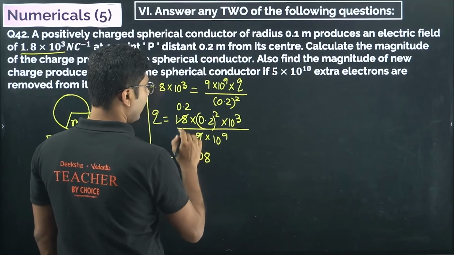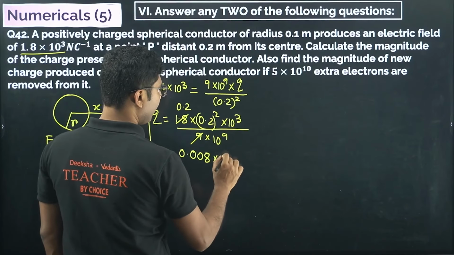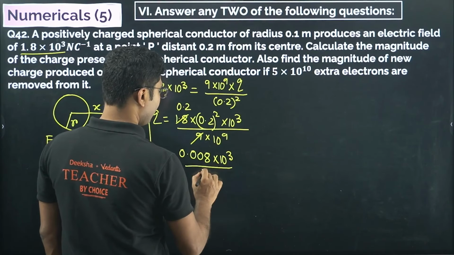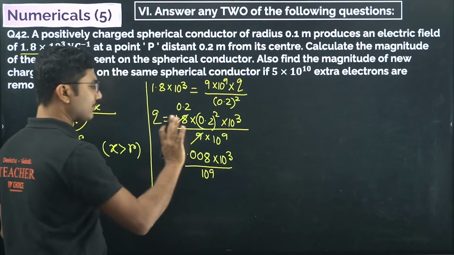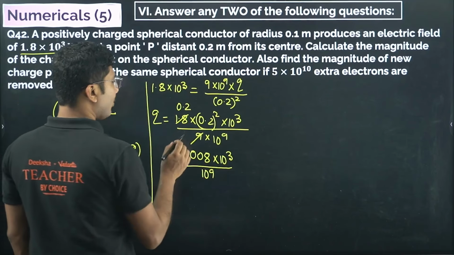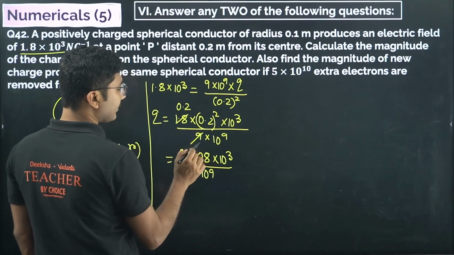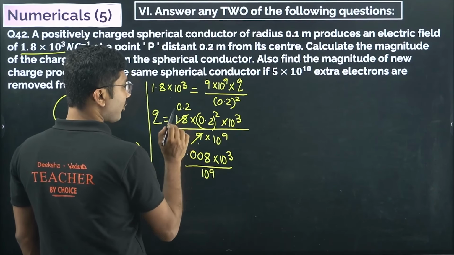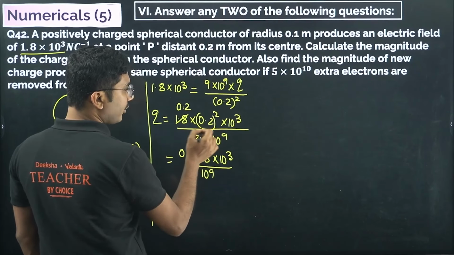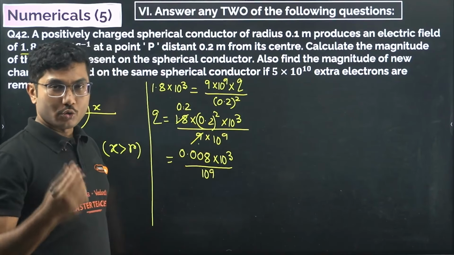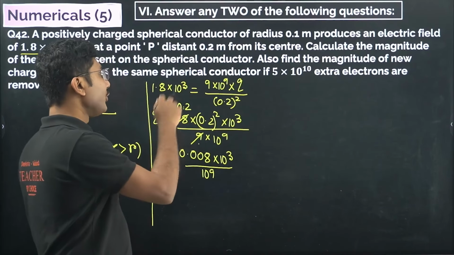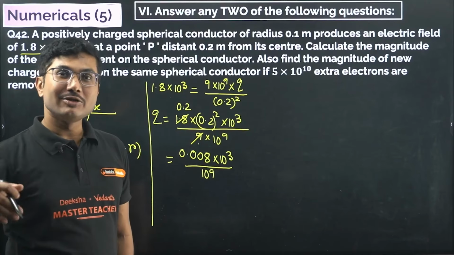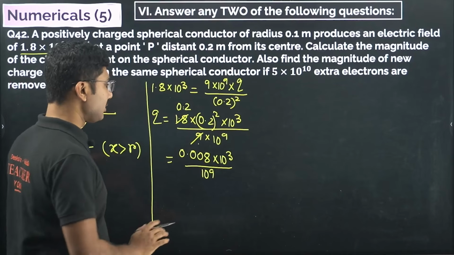I cancelled 1.8 with 9, we got 0.2. This 0.2 and another 0.2 are here in the square. So 0.2 into 0.2 into 0.2 will be 0.008, 2 into 2 into 2 is 8, so 3 decimals should be there. You can use a calculator if you are confused.